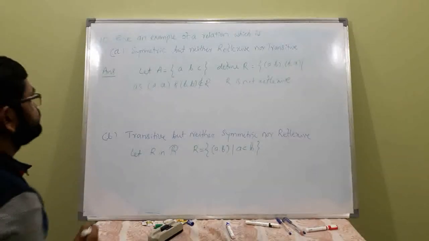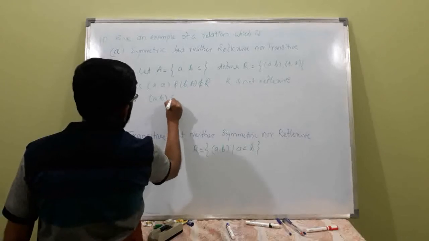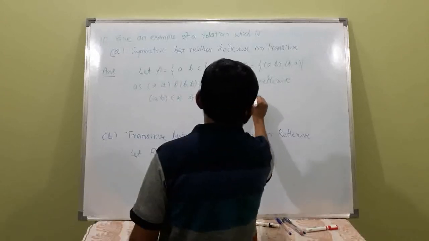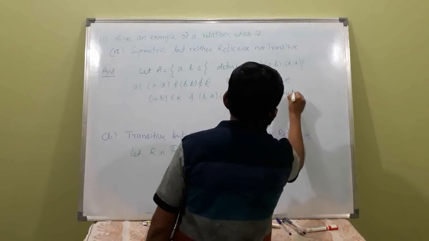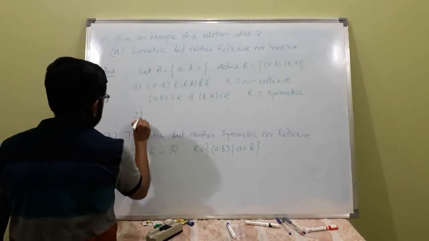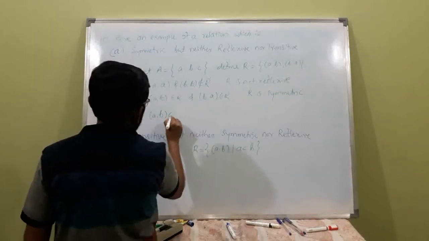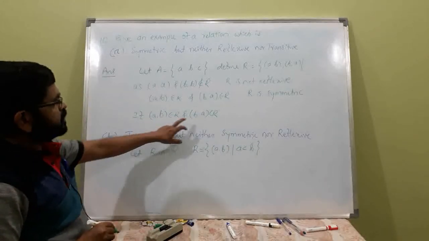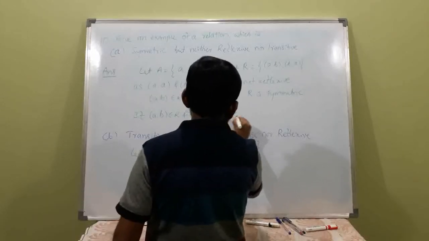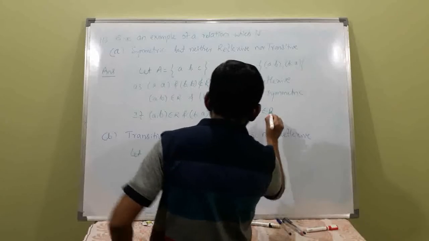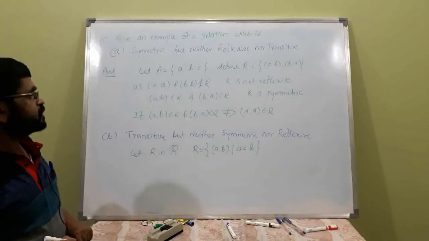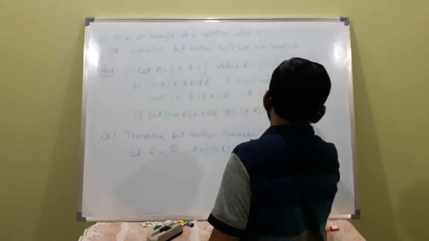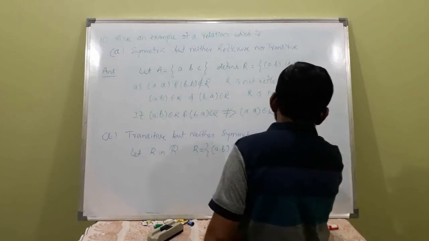There are no (a, a) and (b, b). (a, b) belongs to R and (b, a) also belongs to R. So R is symmetric. (a, b) belongs to R and (b, a) belongs to R does not imply (a, a) belongs to R. According to the rule, (a, a) should also belong to R, or (b, a) belongs to R and (a, b) belongs to R, then (b, b) belongs to R. But that is not the case. So, R is not transitive.